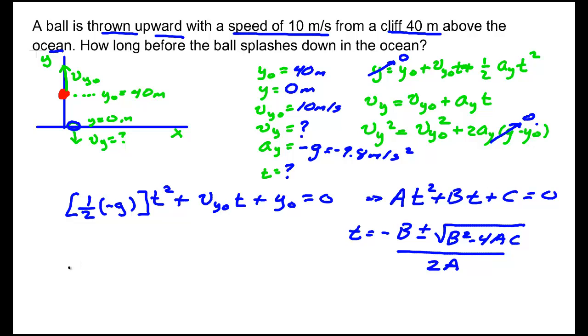And by the way, I should say that I might be able, because I'm lucky, sometimes if y naught had been 0, we might be able to simplify this. It's not the case here.